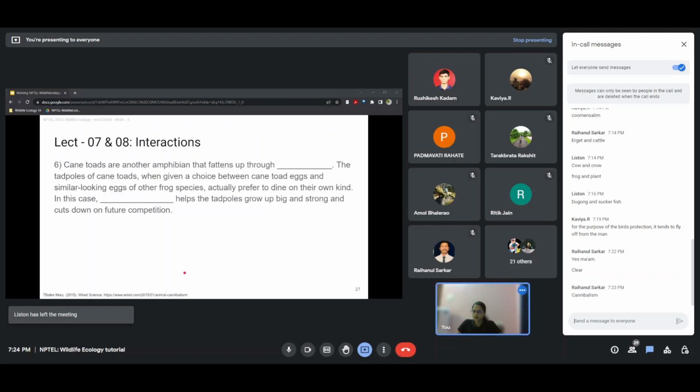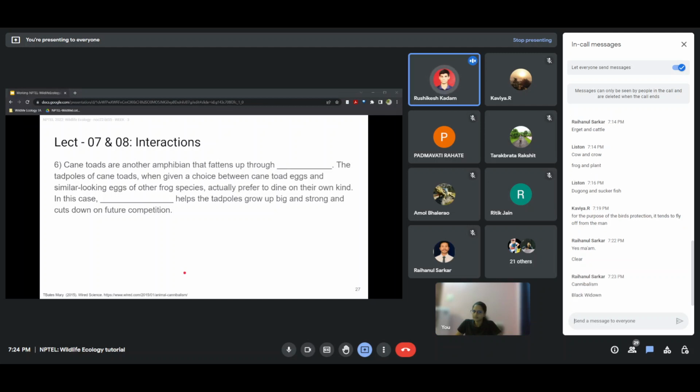Right. Would you know of other examples of cannibalism? Okay, of other groups, chimpanzees themselves, right?